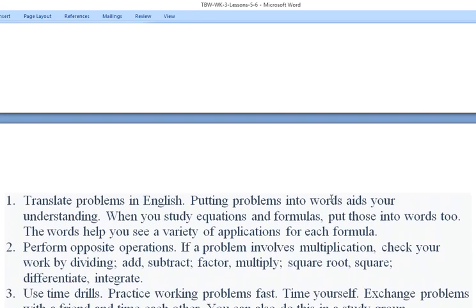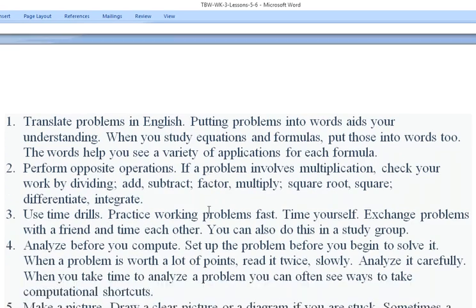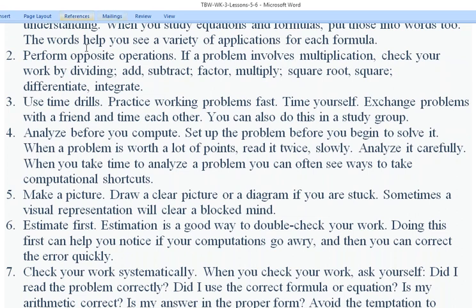Well, if you're writing math and science, then translate the problem into English. Putting problems into words aids your understanding. When you study equations and formulas, put them into words too. I mean, try to simplify the information from word problems to graphics and from graphics to word problems. Perform opposite operations. Clear?